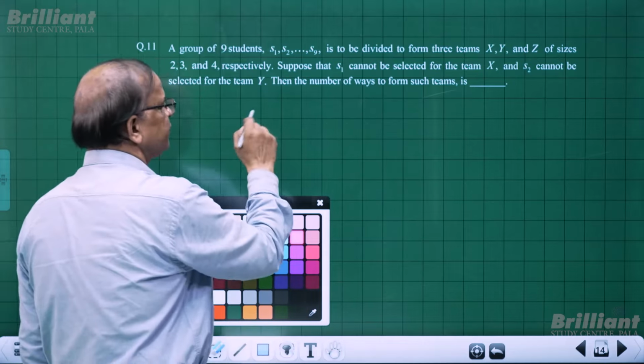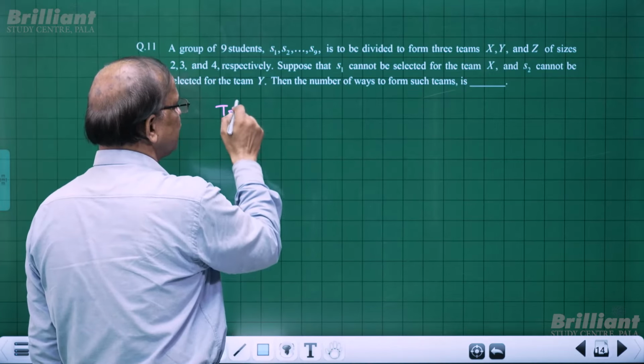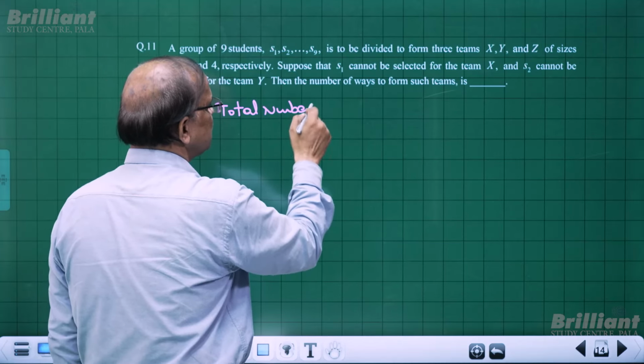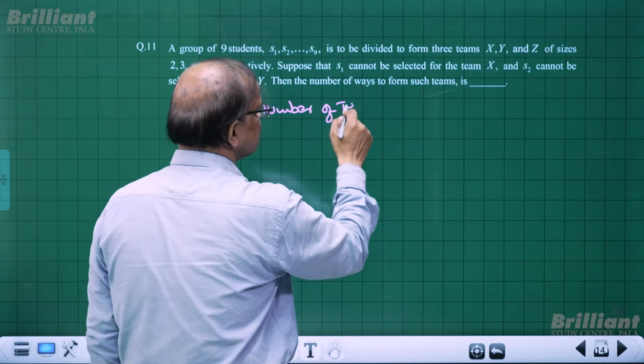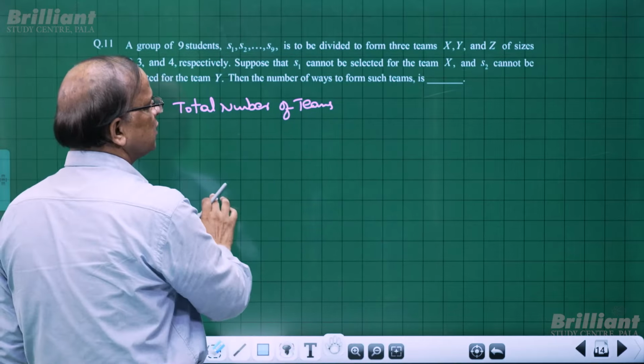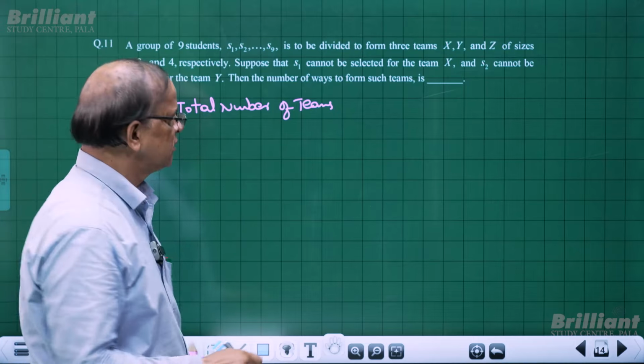So, therefore, that is the total number of teams. This is like a distribution of things divided into groups, right.